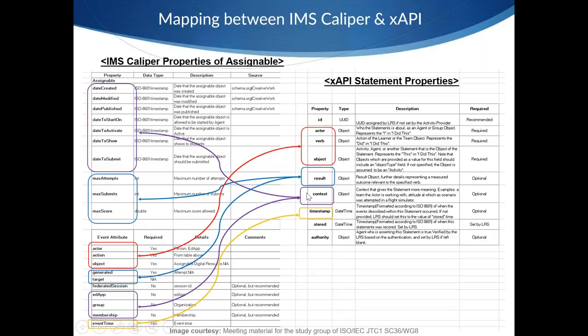The first bunch maps into the context, and maximum attempts, submits, and max score map to the result in xAPI. If we go into the event, there is an actor, action, and object in Caliper, which directly maps to the same things in the xAPI statement. Then the result, or what is generated, maps into the result in xAPI. And the event time maps to timestamp, and education app, group, and membership map into the context.